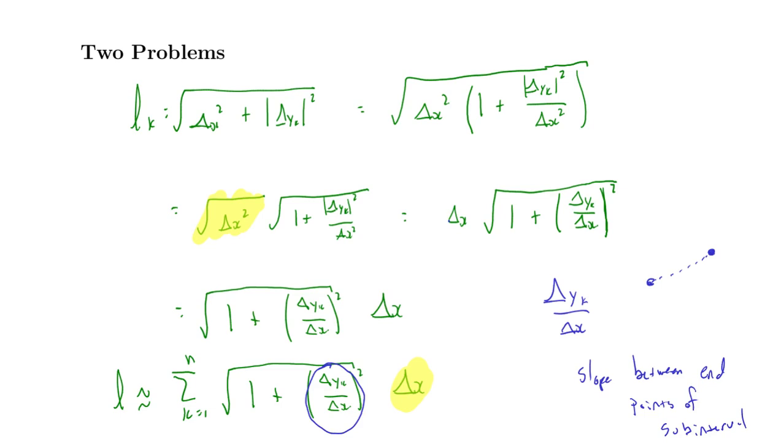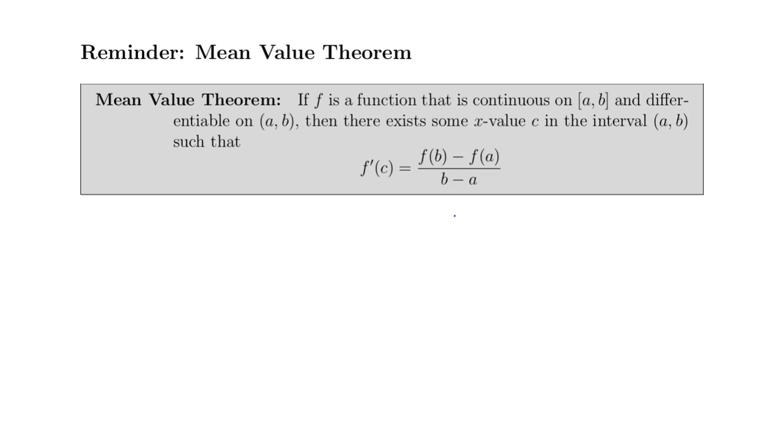So what we should do is try and convert this slope into something else. And I want to remind us about the mean value theorem. The mean value theorem is super dope. It's going to be really helpful for us. So a reminder from Calc 1. If you've got a function that's continuous on the closed interval and differentiable on the open interval, then there exists some sort of an x value, we'll call it c, in the open interval between a and b, such that the derivative f prime of c is equal to this quantity f of b minus f of a over b minus a.